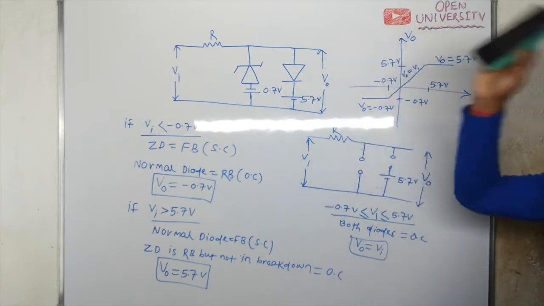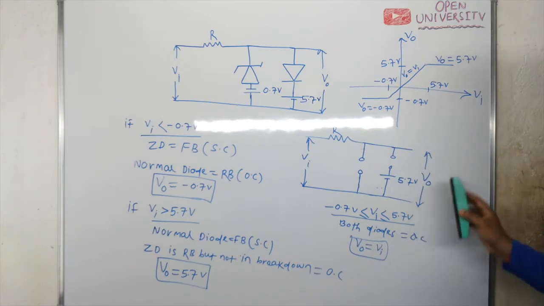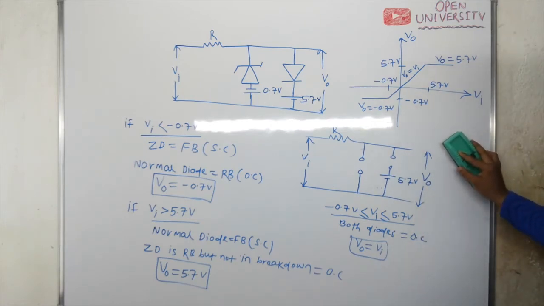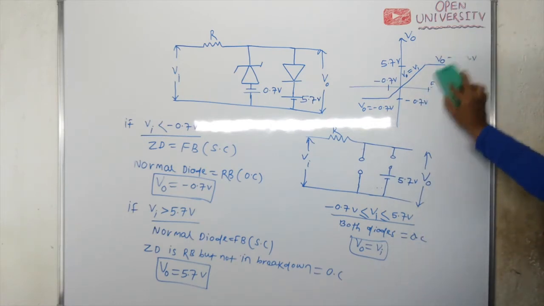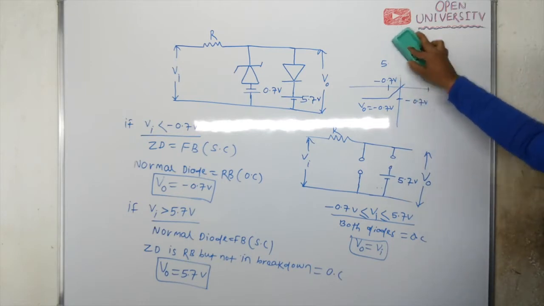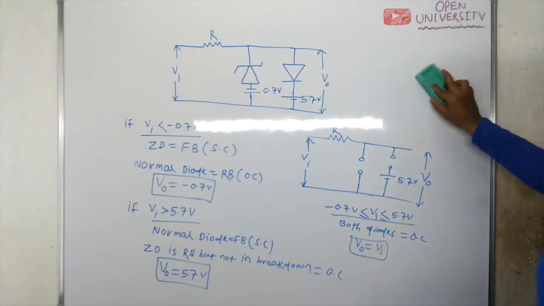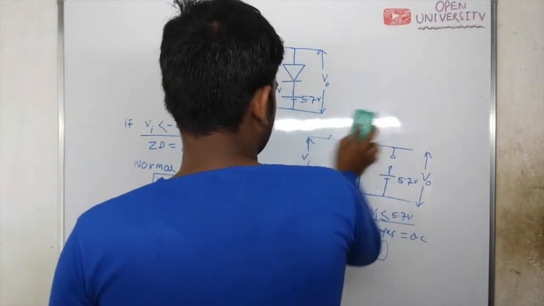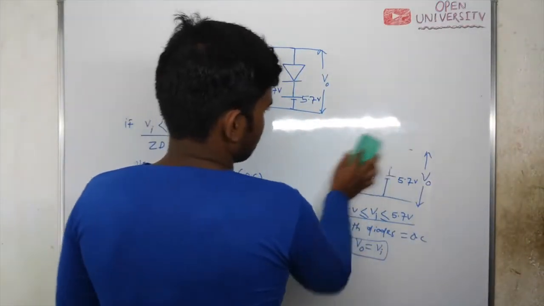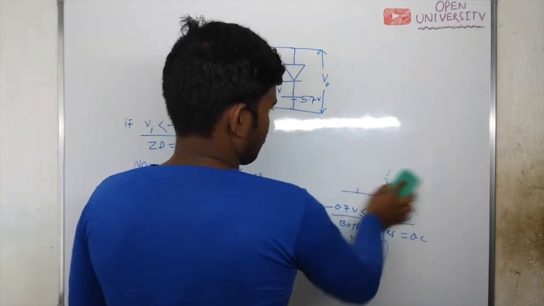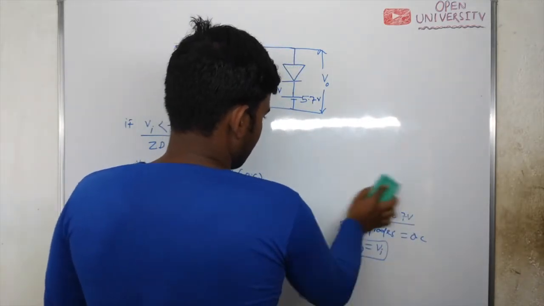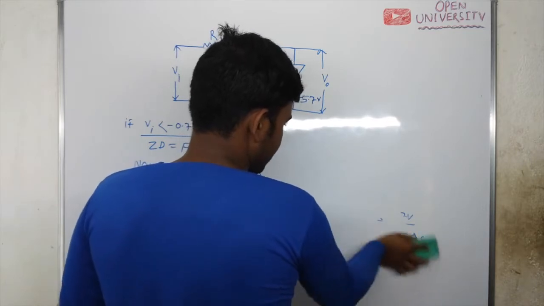Earlier it was 10 volt. Now it is 4 volt. So let's do it again. This time the breakdown voltage of the Zener diode is 4 volt. Except for the breakdown voltage, everything is the same.